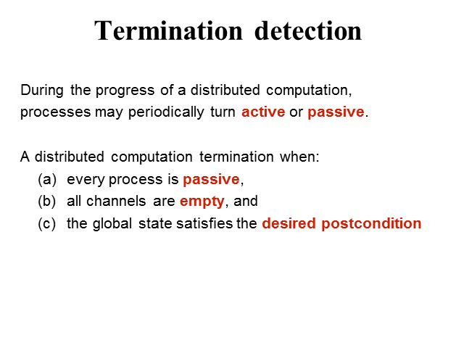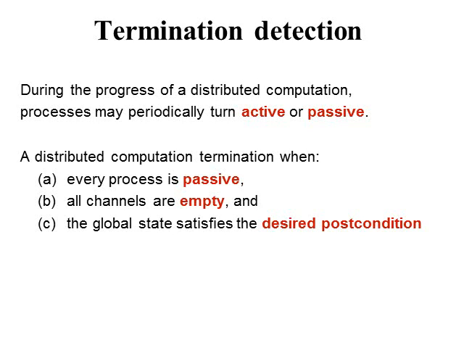During the progress of a computation in a distributed system, there are several processes, and in order to find out whether it has terminated or not, this task is delegated from one process to another process, and the processes turn active or passive periodically.